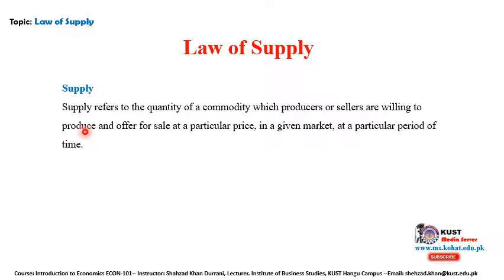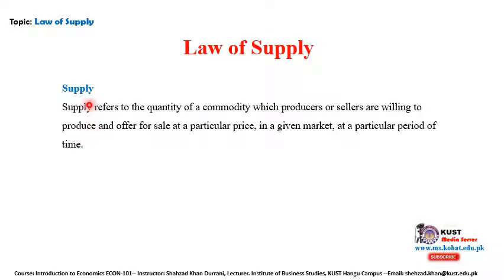So supply refers to how much of a commodity you want to produce, which producers or sellers are willing to produce.